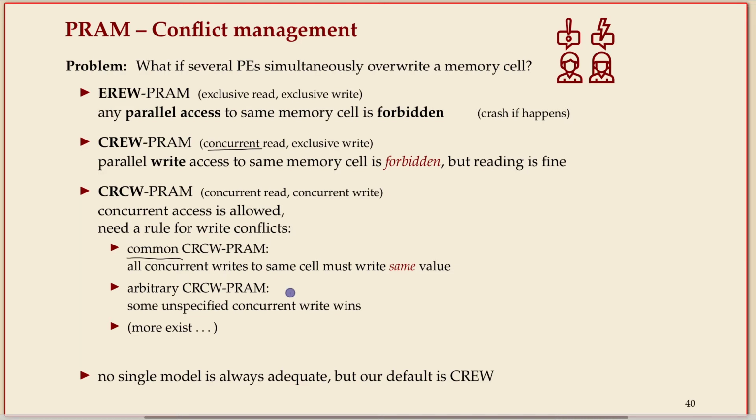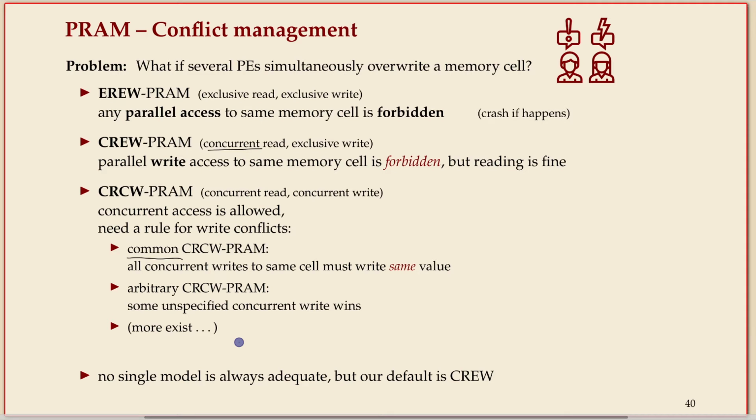The other one is maybe more like what hardware builders would like. You can write several values to the same location, but then arbitrary things can happen. Any of those values wins, and you don't get a guarantee which one. There are other things that could happen.